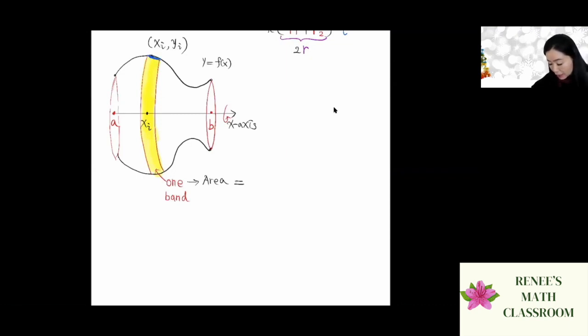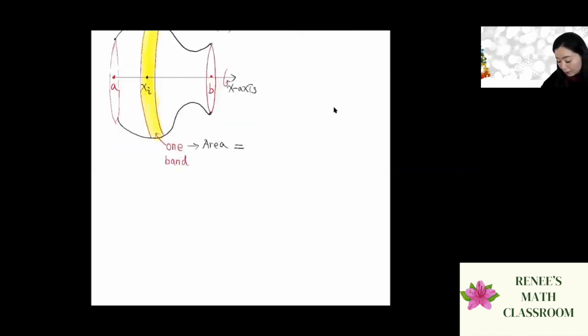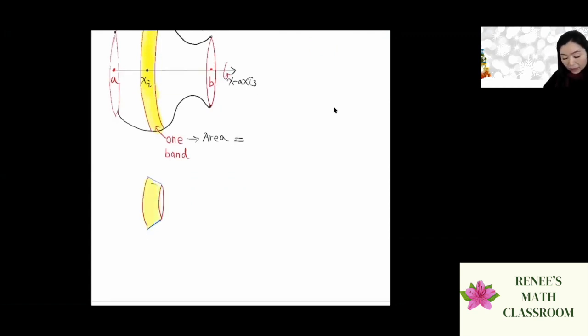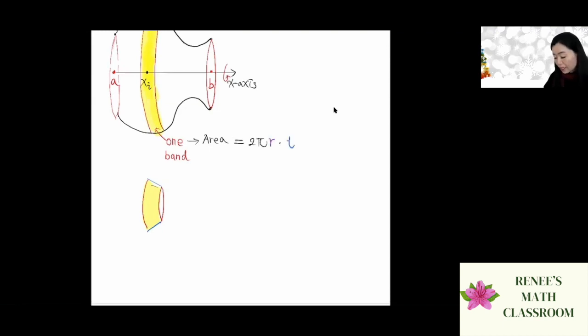So that will remind you of that one. And the surface area over here is going to be 2 pi r times L. So this is the circumference.